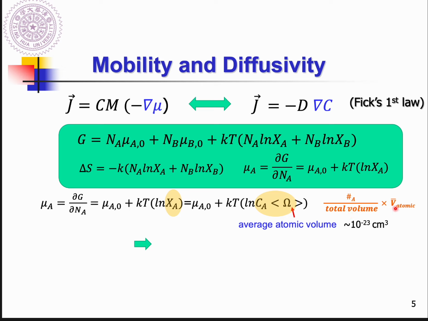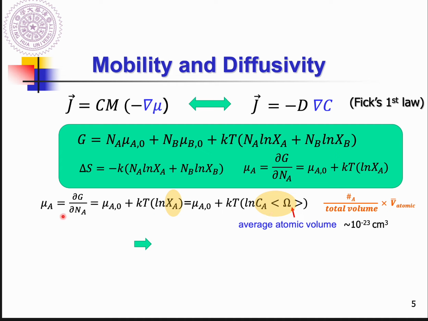If you multiply by the average atomic volume, the result will be the total volume of atom A divided by the total volume of the material. So you can have an approximation of the atomic fraction XA. So based on this, you know XA equals CA times omega, right?